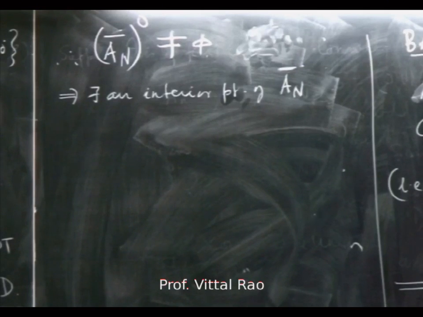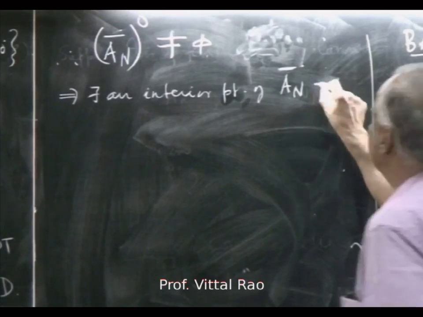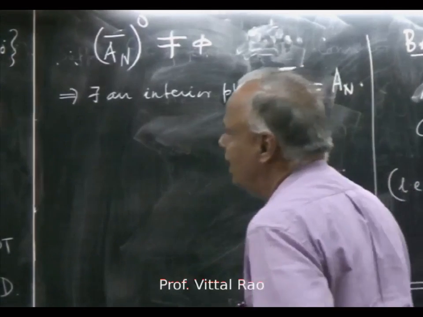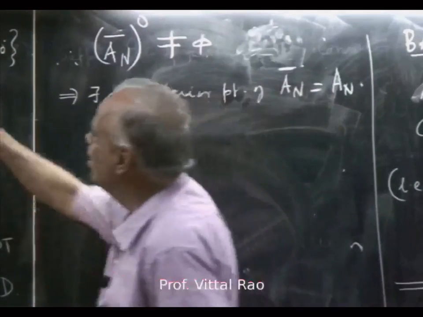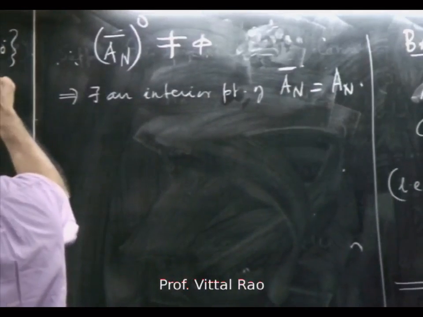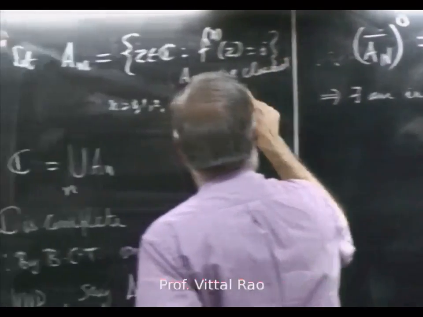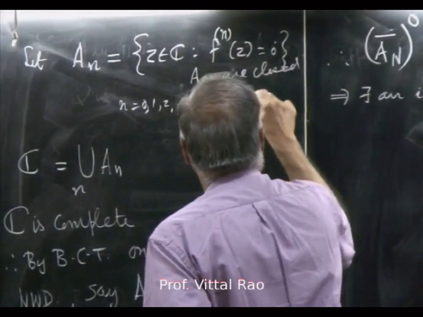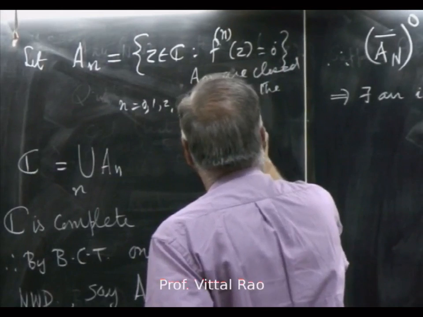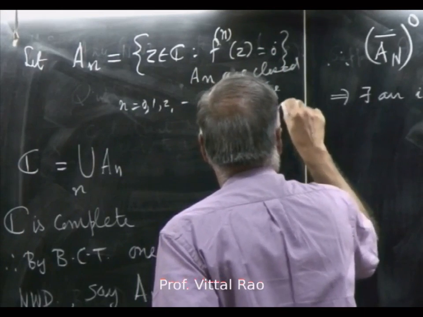So therefore, the An's are closed, so the closure is the same as An. Okay, that I will leave it to you. The An's are all closed. We will see that again later, being the zeros of a continuous function.